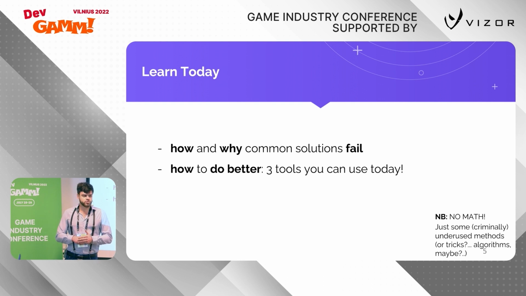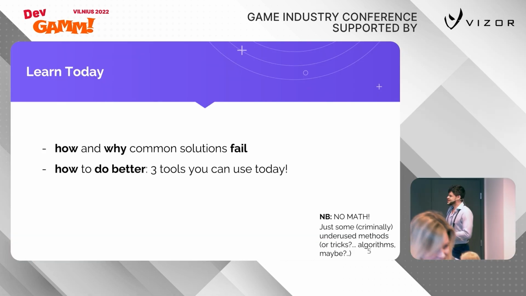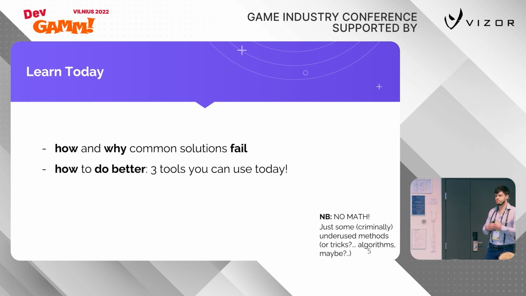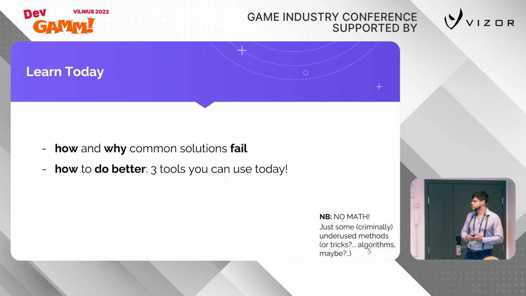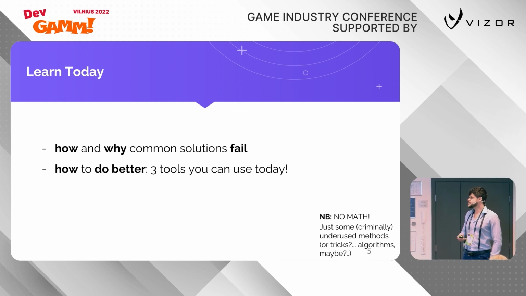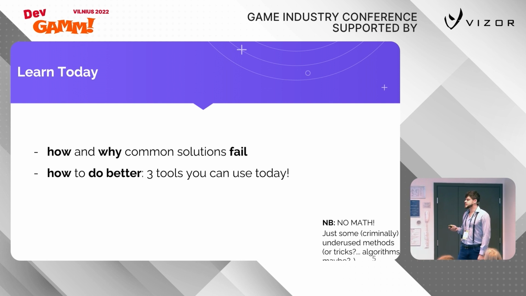Well, we are going to go through these three cases, and we are going to talk about typical solutions, what people usually do. From the beginning, we are going to talk about three typical use cases, typical problems that you are probably having on a daily basis, and we are going to go through typical solutions for these common problems, and we will see how they fail sometimes in very subtle ways.